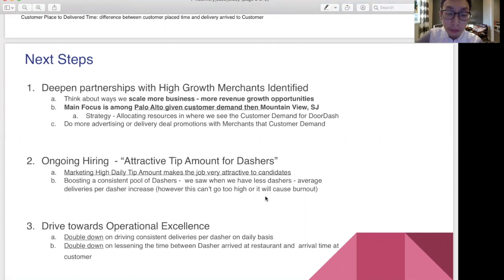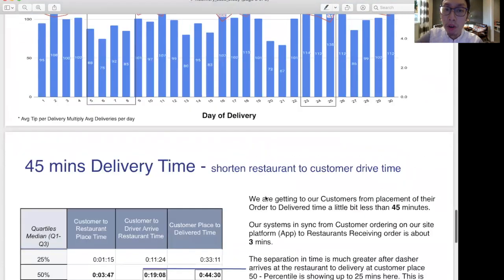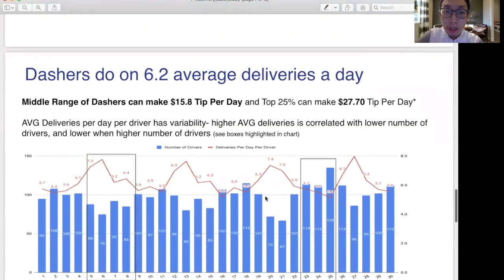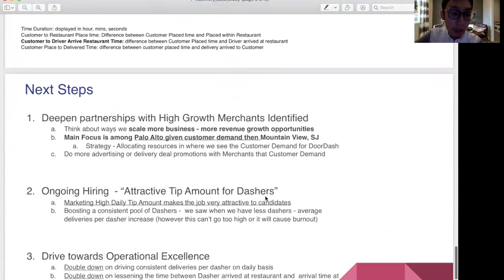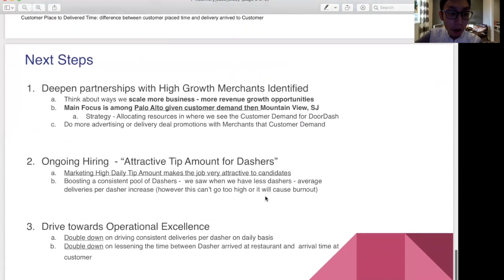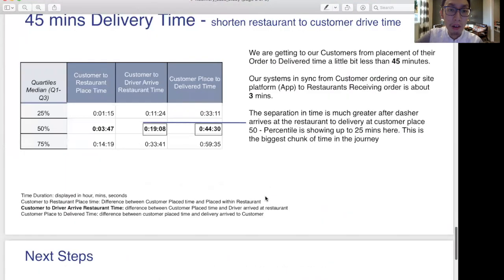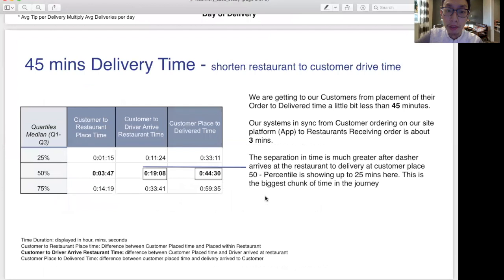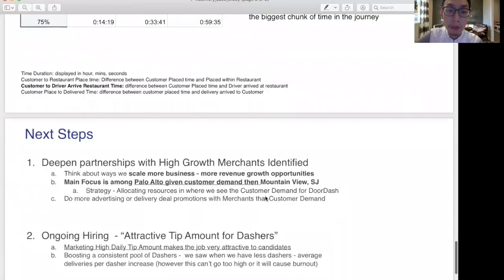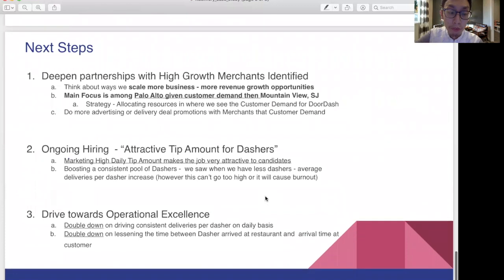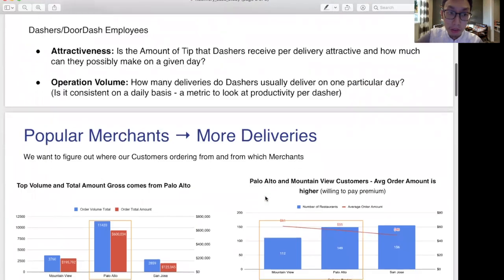So these drivers are getting a pretty nice tip amount per delivery overall, which is also very interesting. As well as the last part, how can we improve our operational excellence? How can we improve this delivery time from 45 minutes to 40 minutes? These are very big incremental improvements to the business itself.